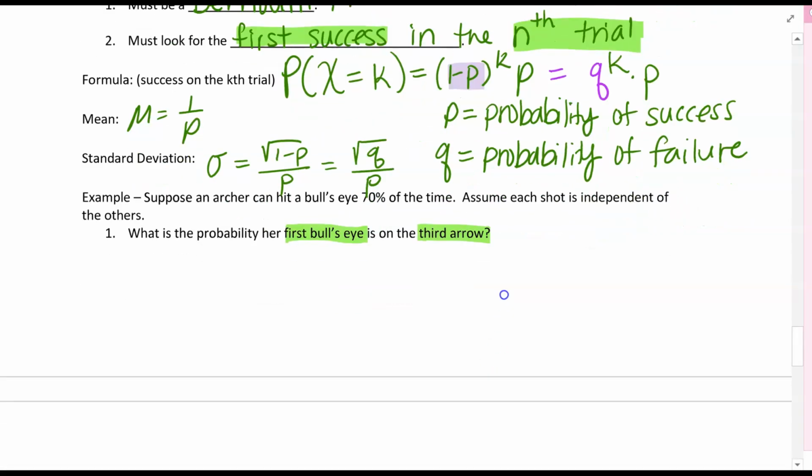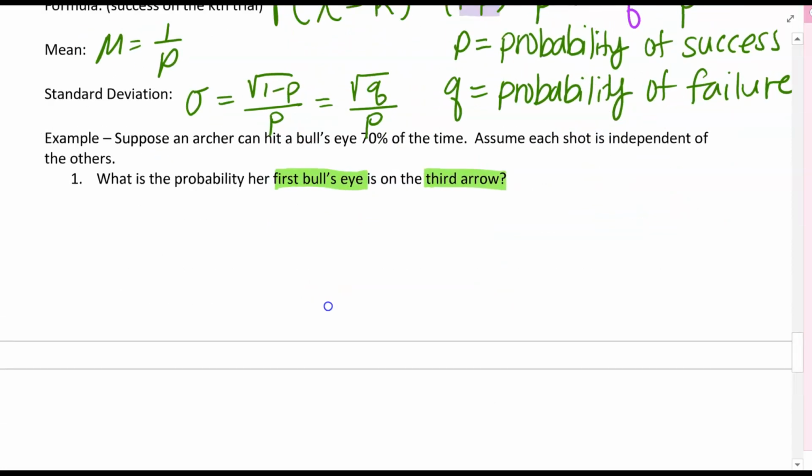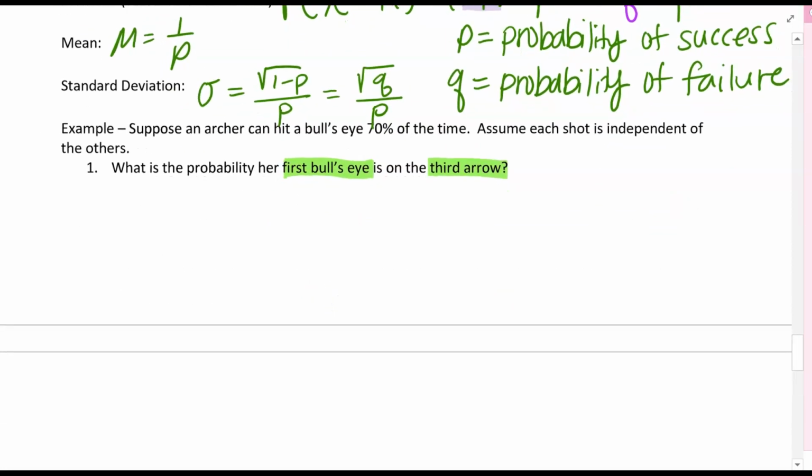All right, so let's look at example 1. It says, suppose an archer can hit a bullseye 70% of the time. And then we're going to assume each shot is independent of the other. So what's the probability that her first bullseye is on the third arrow? Because of the keywords right here, first bullseye on the third arrow, that tells you that it's geometric.